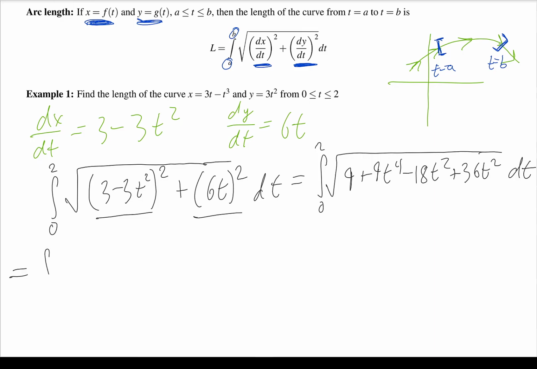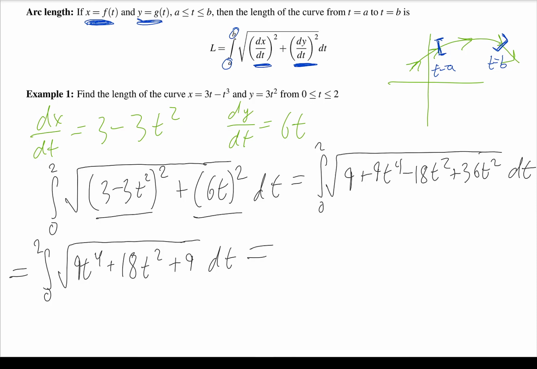And so simplifying this, if we add all these together, we should get the integral from 0 to 2 of the square root of 9t to the 4th plus 18t squared plus 9, dt. Now I can factor this, and this will factor into the square root of (3t squared plus 3) squared. This is the same thing as this right here.